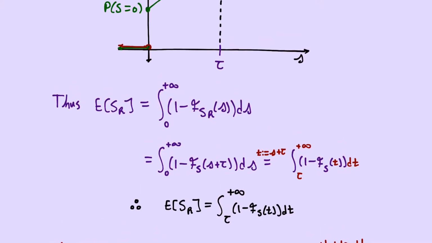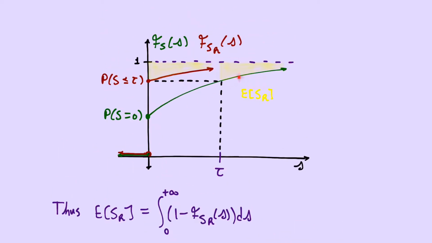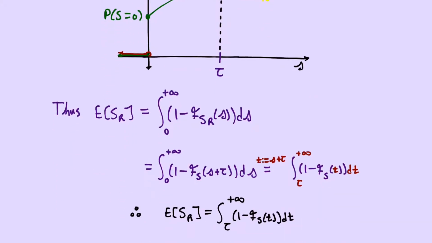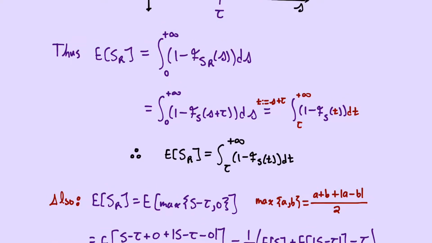So that is the mathematical justification of what I have already said, that we can compute this area in terms of this other area. But in integral terms, the expectation of the random variable SR would be equal to the integral from tau to infinity of 1 minus F of S evaluated on t, dt.